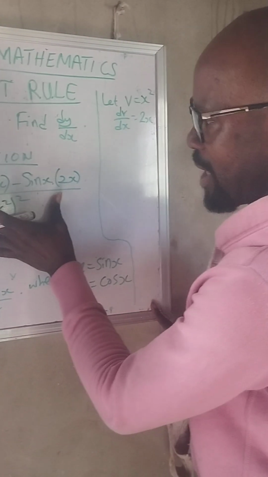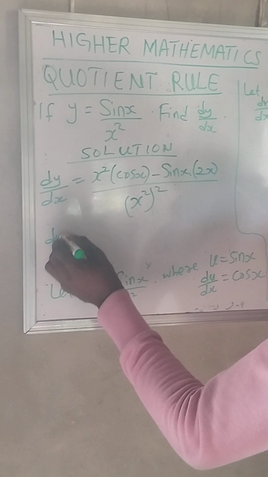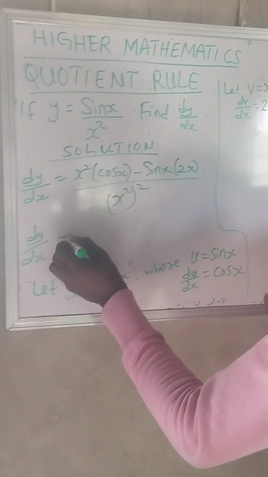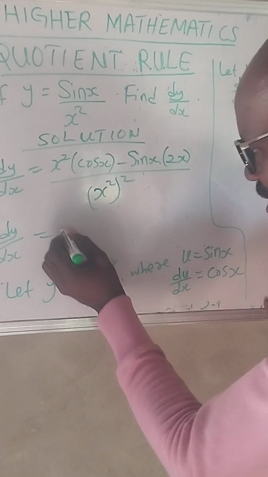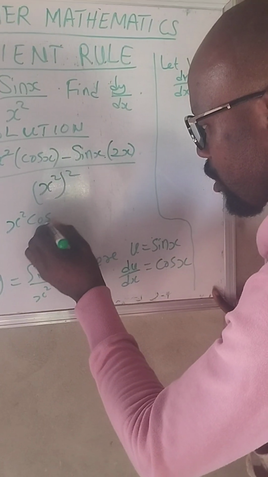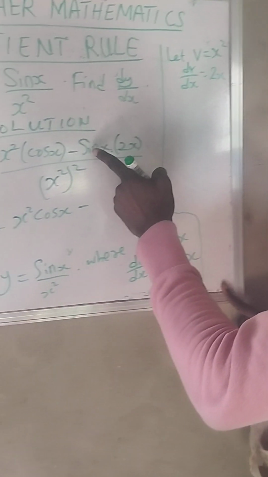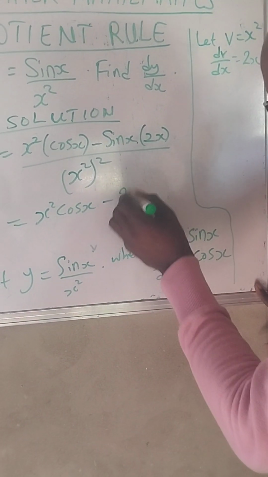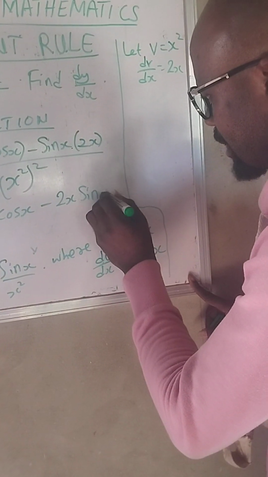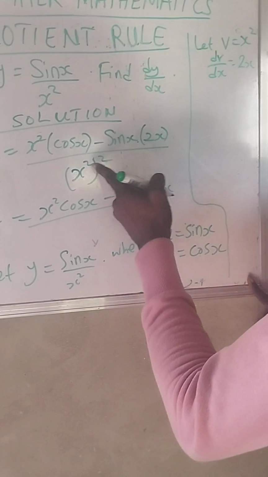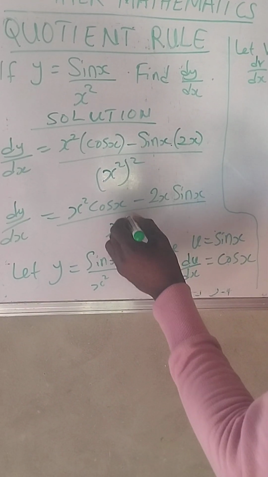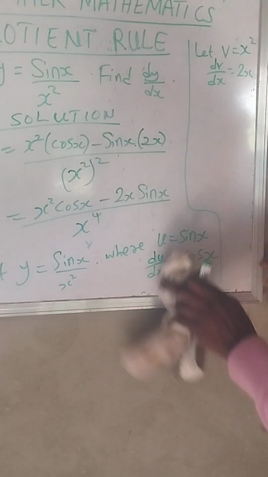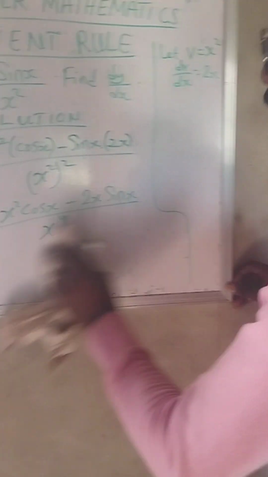So now let's expand this. We have dy over dx equal to, open this bracket, x squared times cos x is x squared cos x. Sine x times 2x is 2x sine x, all over 2 times 2 is 4, so you have x raised to the power of 4. So I'll clean this and proceed.